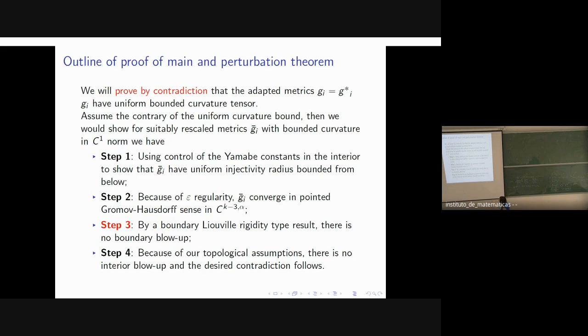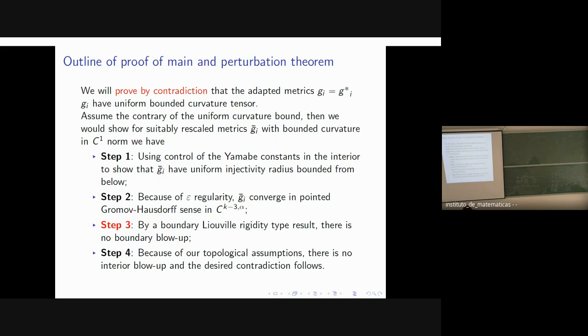And then the second step is to show this sequence all satisfy this Bach equation. So there is epsilon regularity, and you get some regularity. And then the important step is to say there's no boundary blow up. I will talk more about how to show that later. And then the next step is to show there is no interior blow up, and that uses these topological assumptions.